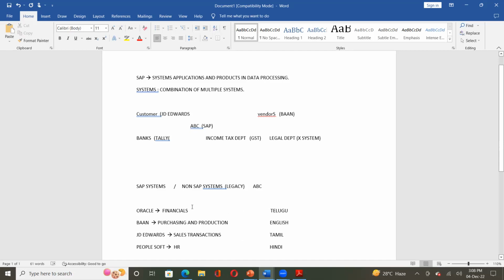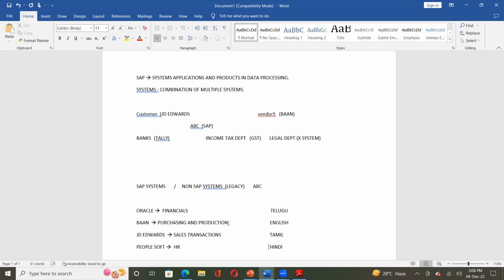All these departments again need to depend on the finance department. So the person who doesn't know anything other than Telugu is not able to communicate his transactions to other departments. Because the programming language is different, integration is not possible. We are calling this term integration.